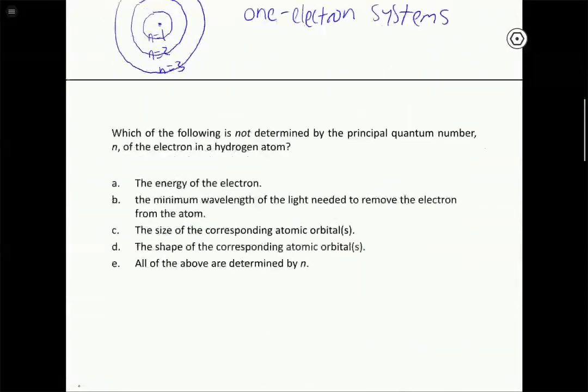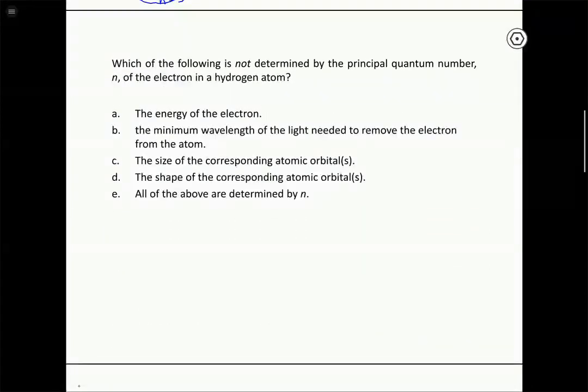All right, the next one is another conceptual question dealing with quantum numbers in the Bohr model. It says, which of the following is not determined by the principal quantum number n of the electron in a hydrogen atom? So the principal quantum number n is the only one that we see in the Bohr model. And so in the Bohr model, and really in general, it tells us the energy of the electron.